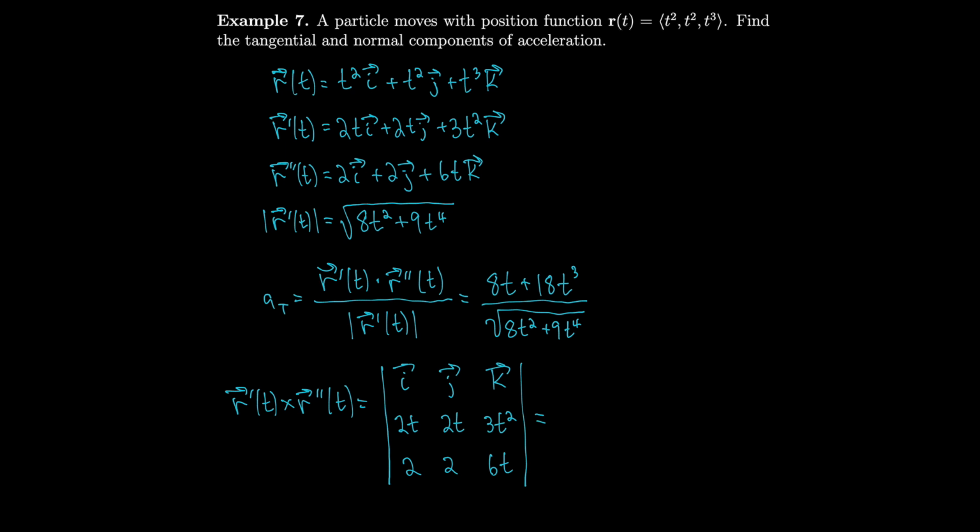So for i, it looks like we get 12t squared minus 6t squared, so that's just 6t squared. And then for j, we get 12t squared minus 6t squared, so that's 6t squared, and then we throw in a minus because it's j. And then for k, we have 4t minus 4t is 0, so we don't have any k.